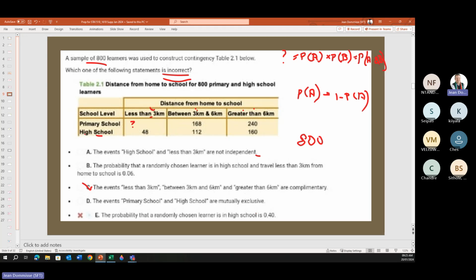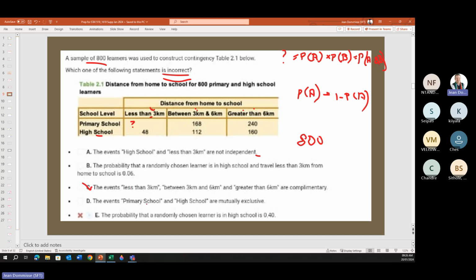The same with primary and high school. Those two are also complementary. So in this sample, if you're not in primary school, you will be in high school. Doesn't matter if you look at it between the kilometers, that is complementary, but between the types of schools is also complementary.